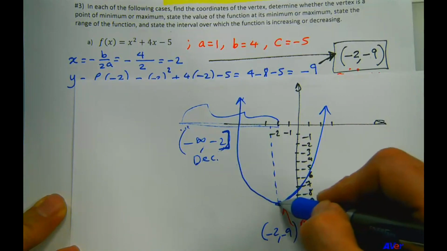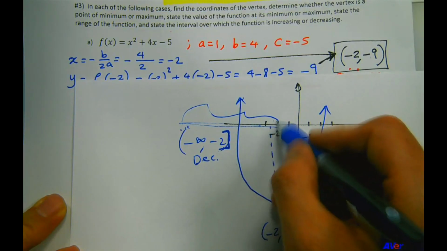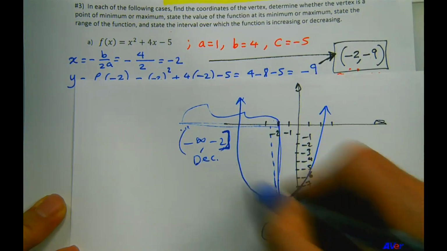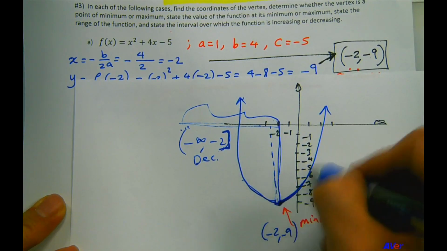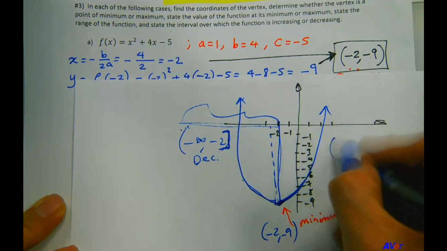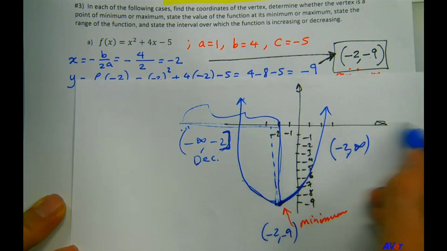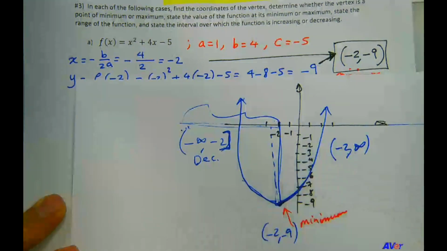Right after x equals -2, which is right there, the function switches from decreasing to increasing. So from -2 all the way to positive infinity along the x-axis, the function is going to keep growing and growing and growing.